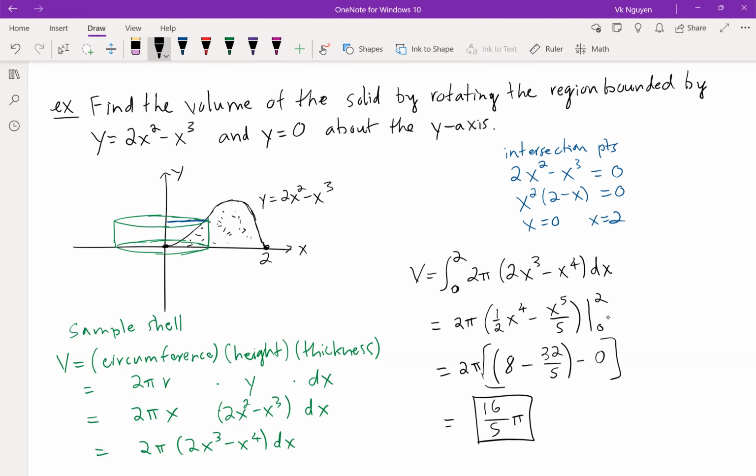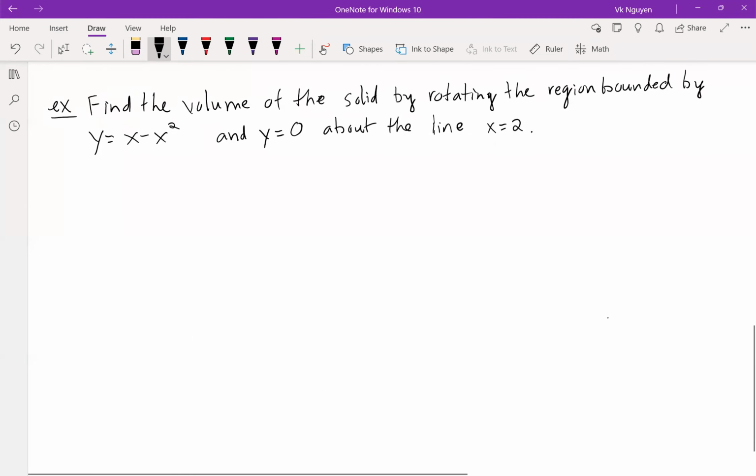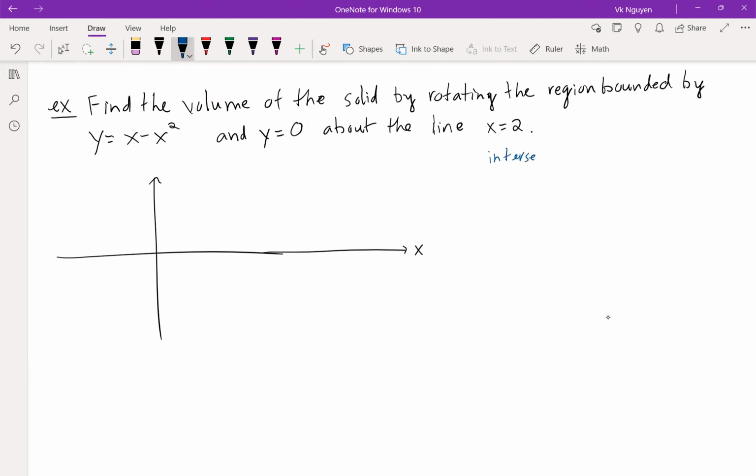Awesome. Let's do another example. Find the volume of the solid by rotating the region bounded by y equal to x minus x squared and y equal to 0 about the line x equal to 2. First, the intersection points: set them equal, x minus x squared equal to 0.